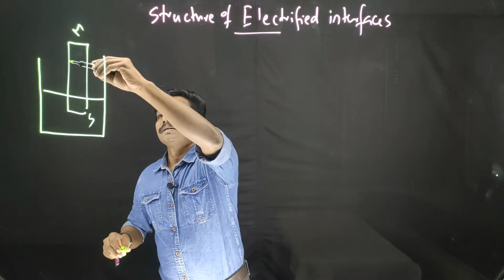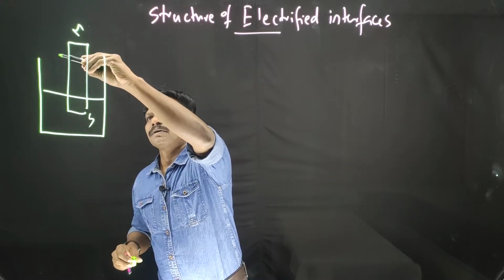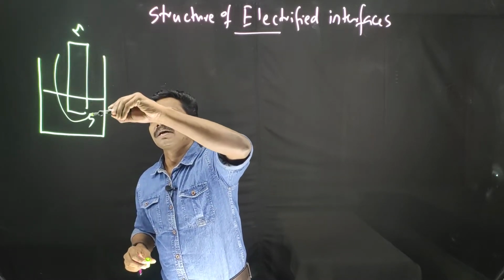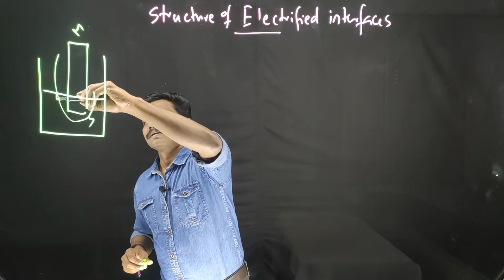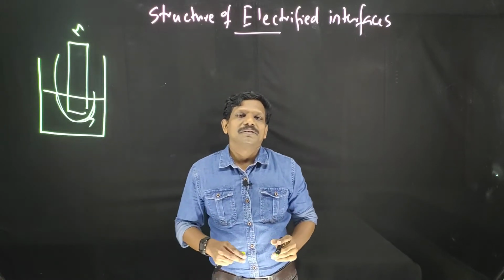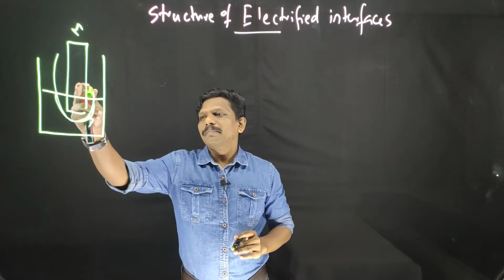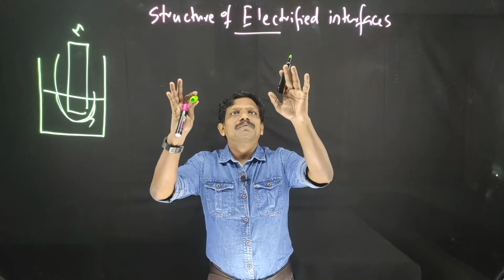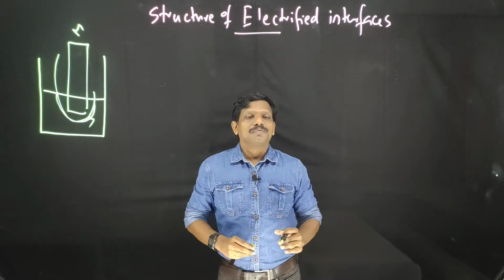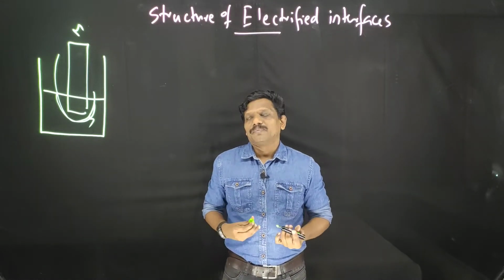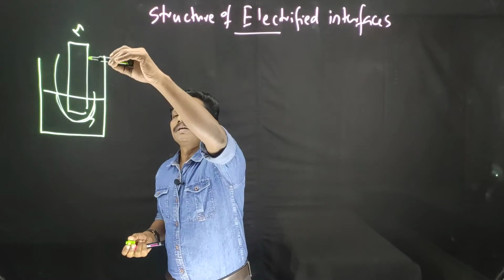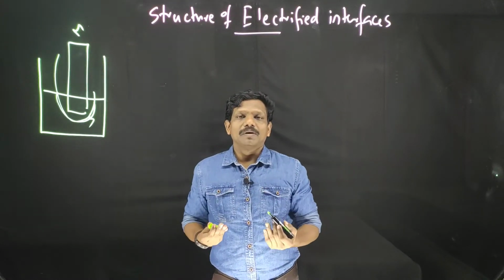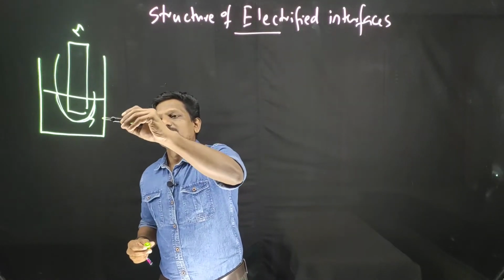You can see that almost all the important things take place at this portion, which is known as the interface of metal and solution. Today we will discuss the structure of this electrified interface, and I already told you how the charge develops on the electrode.